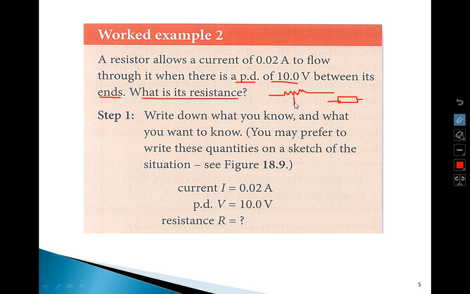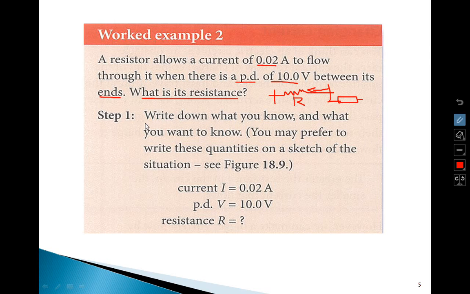So we have a resistance R. This resistor R allows a current of 0.02 ampere to flow through it, and the voltage between the two ends of R is equal to 10 V. So what's the value of R?